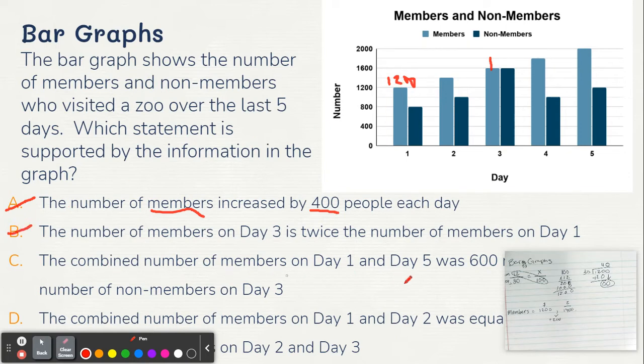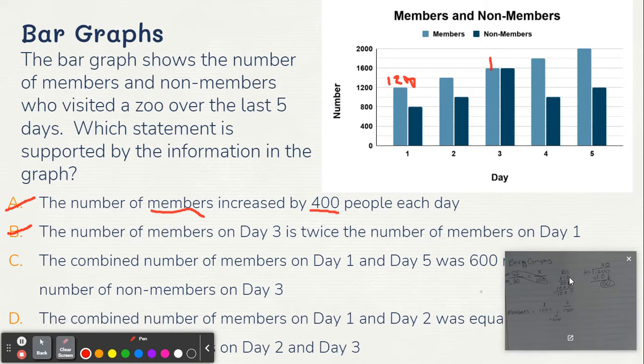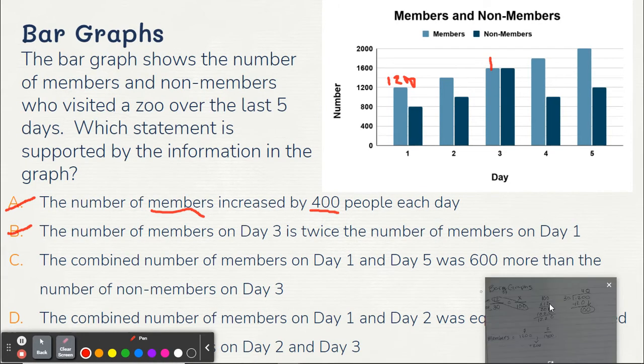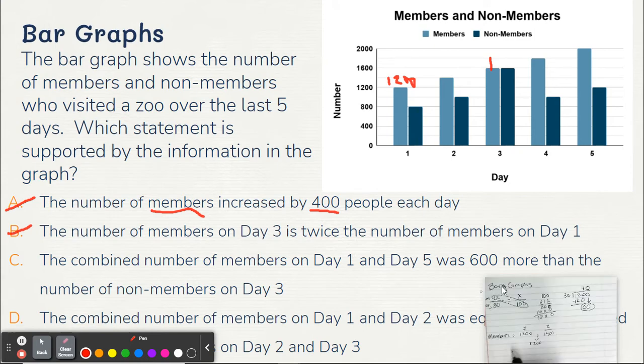The combined number of members on day 1 and day 5 was 600 more than the number of non-members on day 3. So we're looking at members on day 1 and 5, and then non-members on day 3. We want to find the numbers for those.